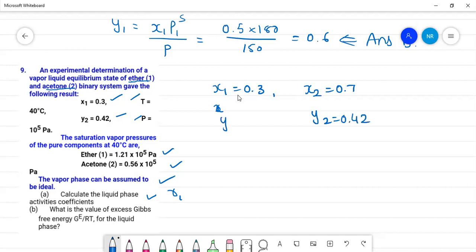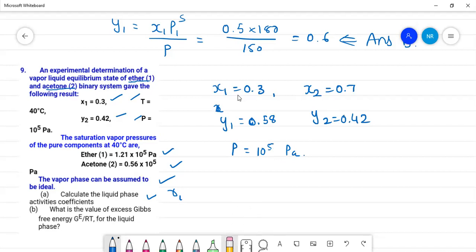So Y1 is equal to 1 minus 0.42, it's 0.58. So X1, X2, Y1, Y2 we have. Total pressure P is given 10 raised to 5. It's not kilopascal, it's pascal.